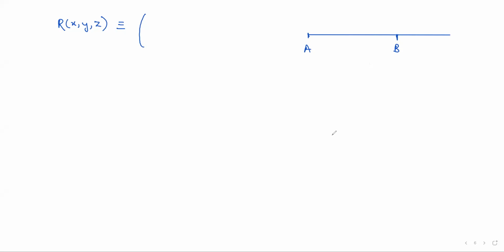So definitely your R lies closer to A. You can write something like, this is your R, this is your A, and this is your B. R divides AB in the ratio 2:3. This distance is 2, and this distance would be 3.